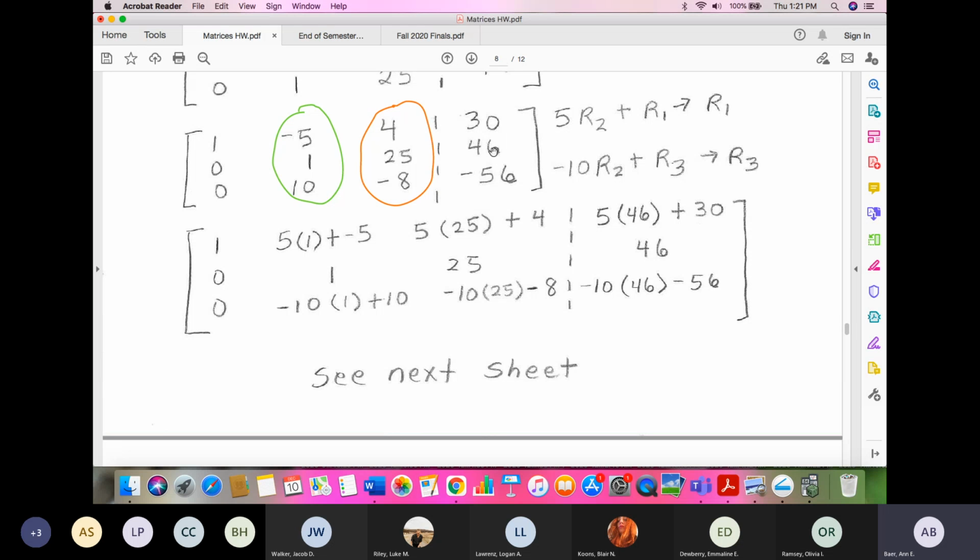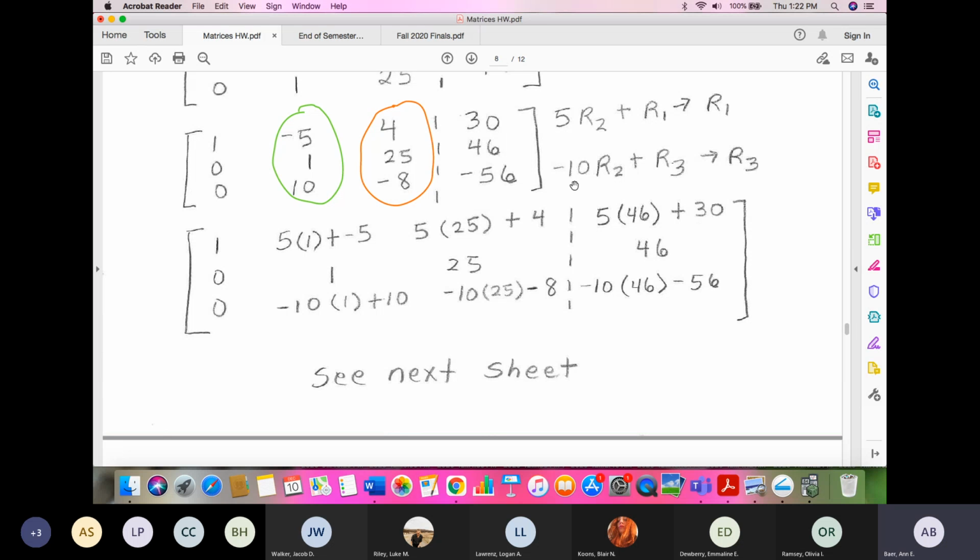And lastly, we need to look at these constants on the other side of the dashed lines. 5 times row 2, 1, 2, 46, plus row 1, 30.